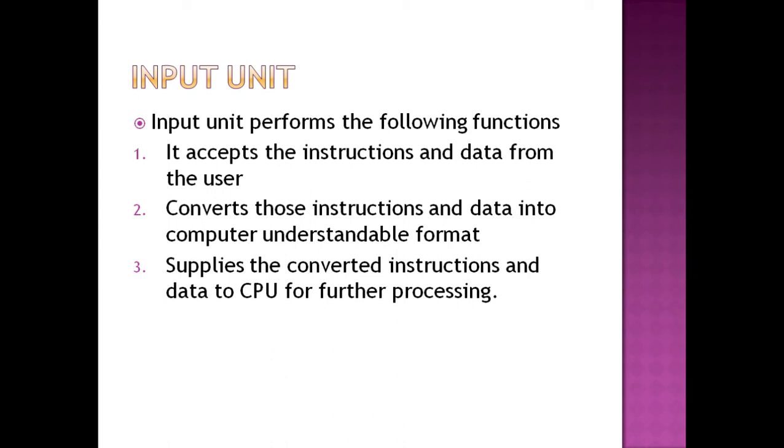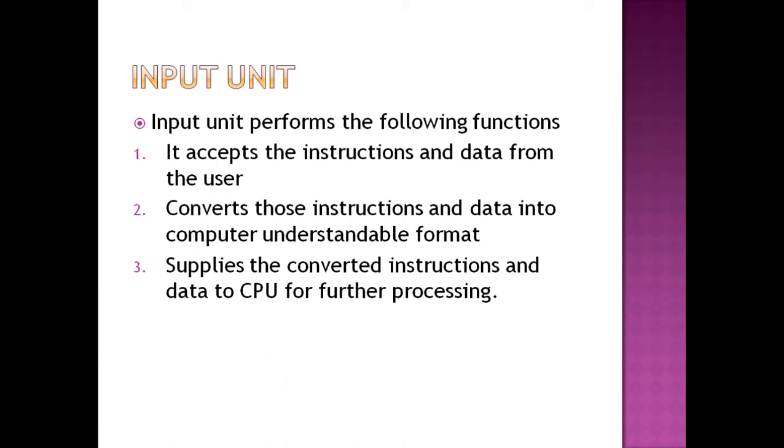For example, if I want to save a file, I'm going to use my mouse. I'm going to go to the file option, and there I'm going to click on save. Right, so using this mouse is the input activity. I'm using the input unit, that is my mouse, and I'm moving the mouse and clicking on the file option.